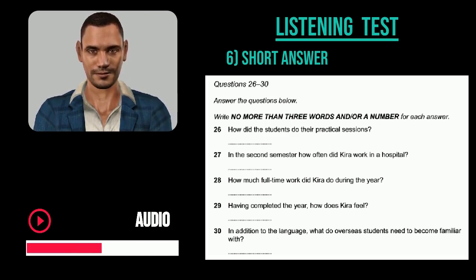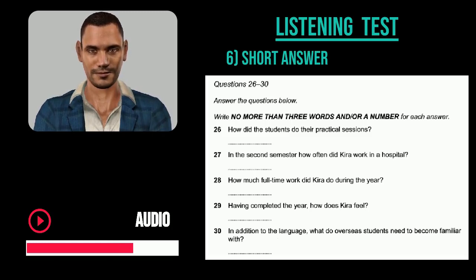That does sound a very heavy year. So, are you pleased now that you did it? Do you feel some sense of achievement? Yeah, I do feel much more confident, which I suppose is the most important thing. And have you got any recommendations for people who are studying from overseas? Well, I suppose they need very good English.